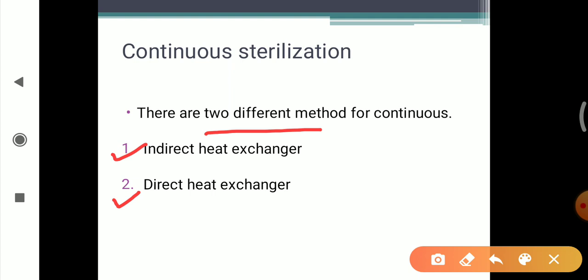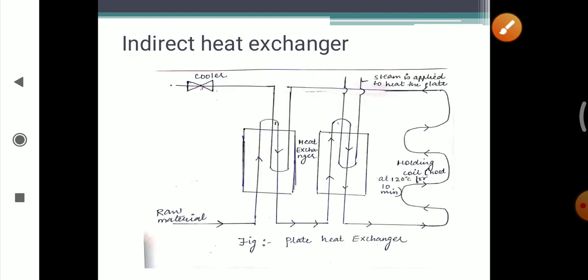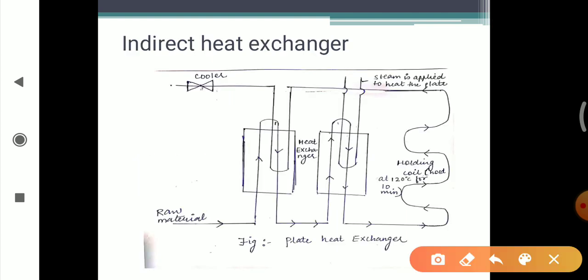The direct heat exchanger's other name is flash sterilization. Flash means rapid. We will see both of these continuous sterilization methods one by one. First we will see the indirect heat exchanger.